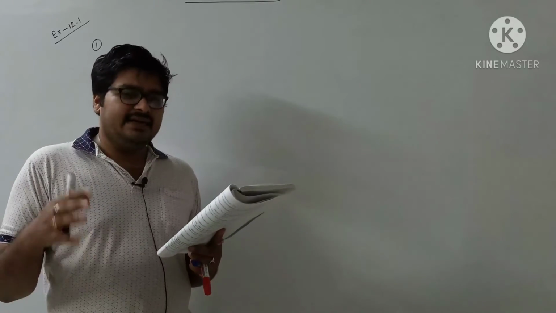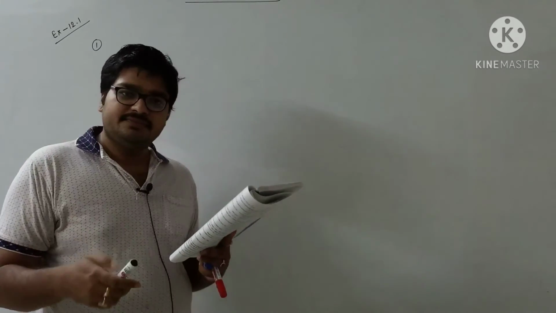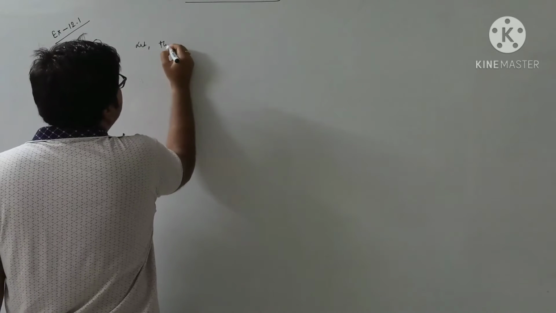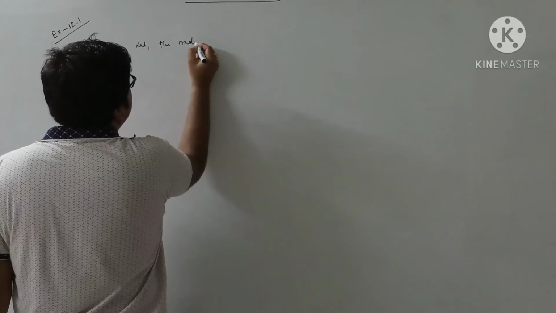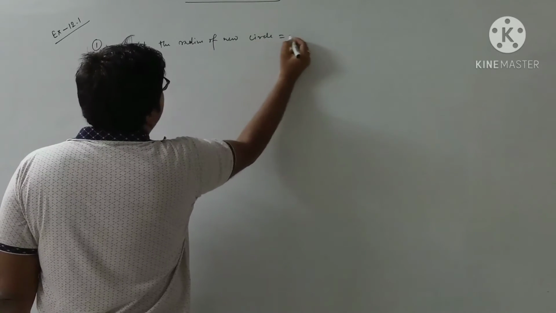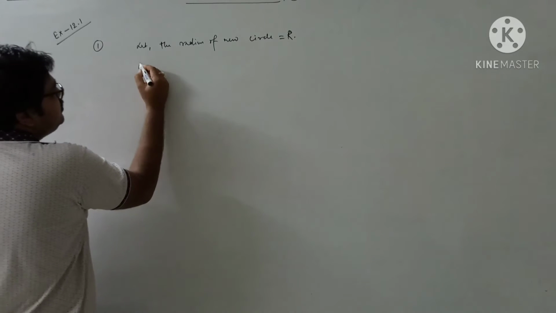So let the radius of the new circle equal capital R. And what is according to the question?